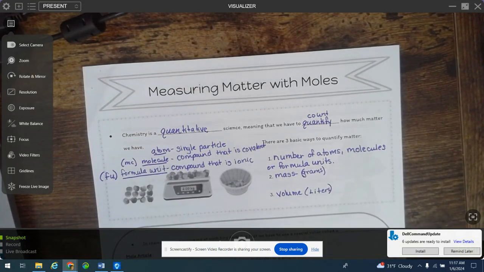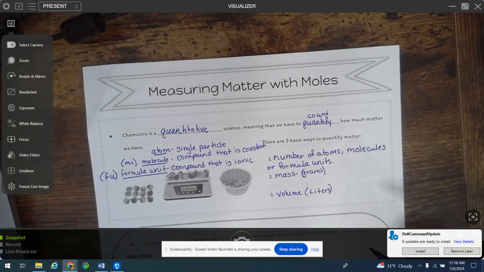Okay, so in chemistry, one of the reasons we have this whole idea of the mole is that we have such tiny particles. Okay, and a mole helps us to count those particles.